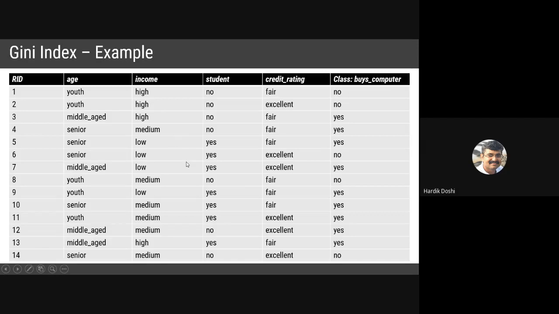How many are yes? Medium yes 1, low yes 2, low yes 3, low yes 4, then 5, 6, 7. So these are the 7 records which are yes for low and medium, and the rest 3 are for no.